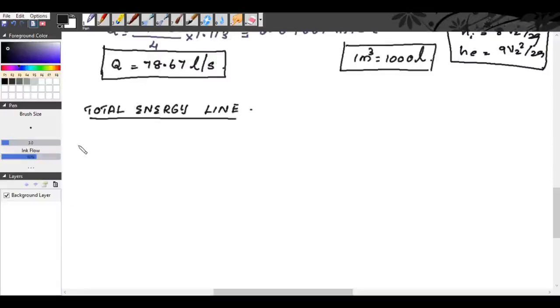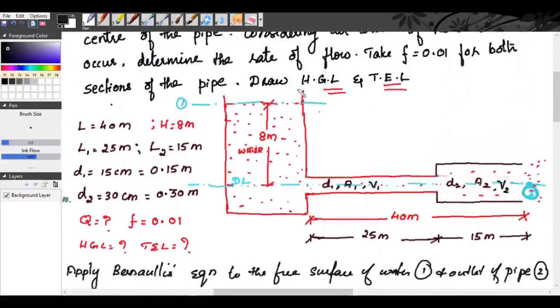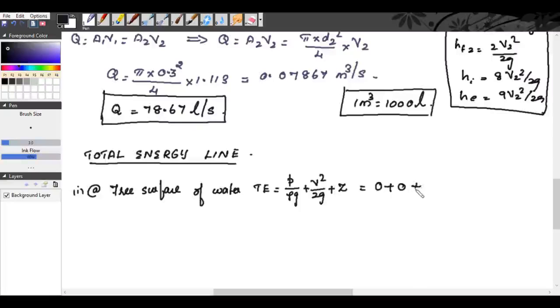At the free surface of water, our total energy will be equal to P by rho G plus V square by 2G plus Z. So we get at free surface of water, pressure head is 0, velocity head is 0, and Z is the datum head, this is our datum line, so it is 8 meter. Okay, so there are no losses at the free surface of water.